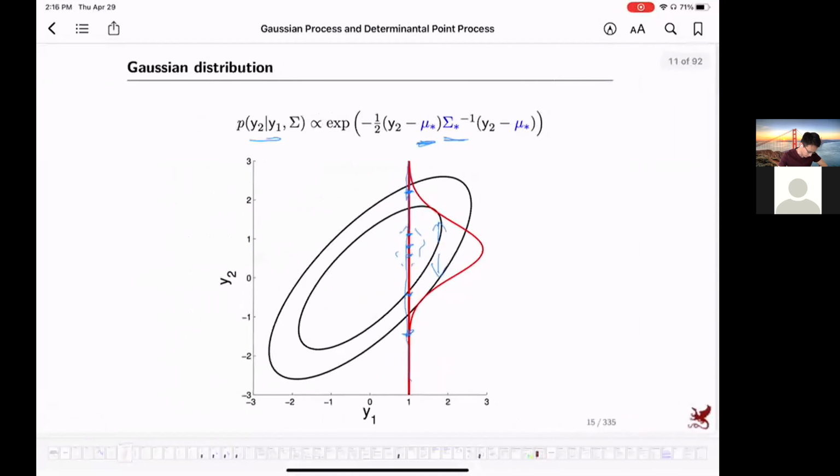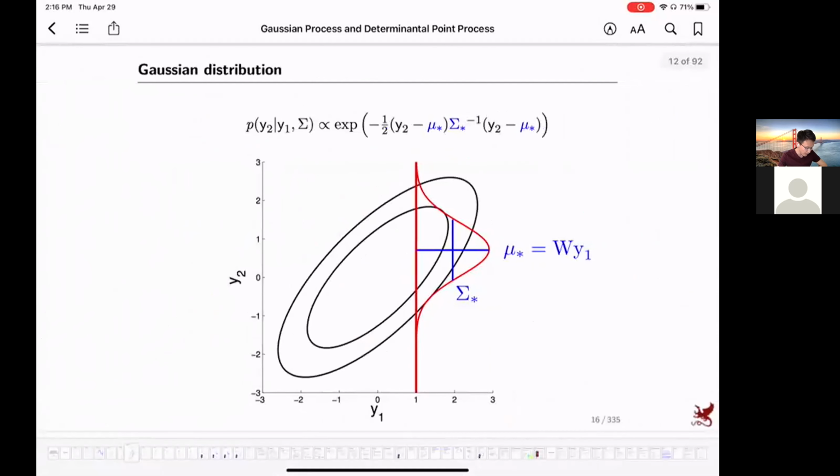We will see that mu star is just a linear function of y1. Later on, we will give a precise formula for what this w is, but it is linear in y1. The formula for sigma star is slightly more complicated. We will also see the exact formula, but both of these parameters are just simple functions of the original parameter sigma and the y1 value we condition on.